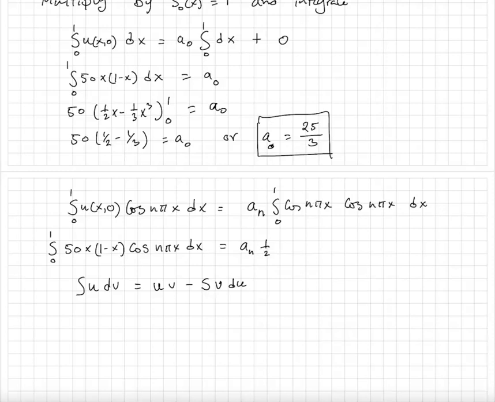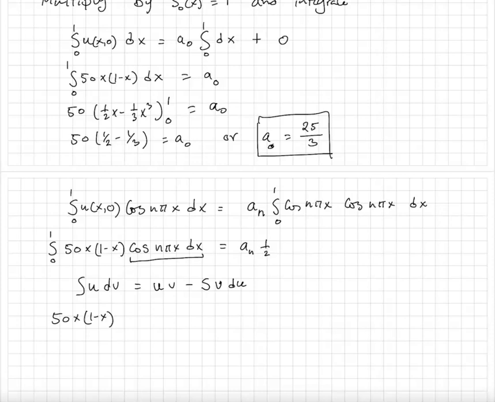So we identify this part as dv, and then u is 50 times x times 1 minus x. So we get 50x(1 minus x). So what is v? You can just think a little bit.